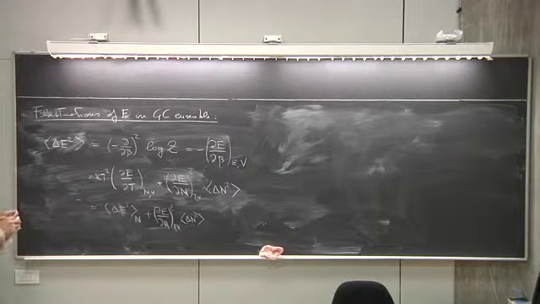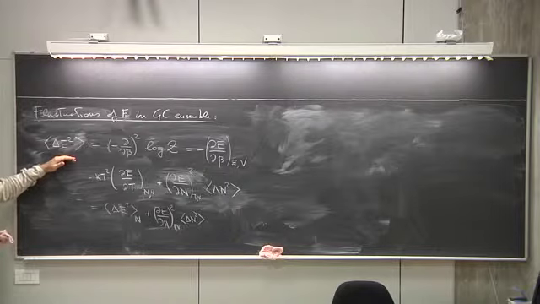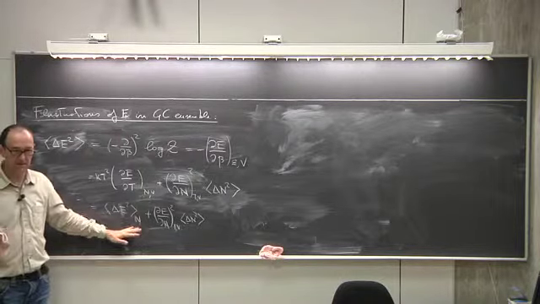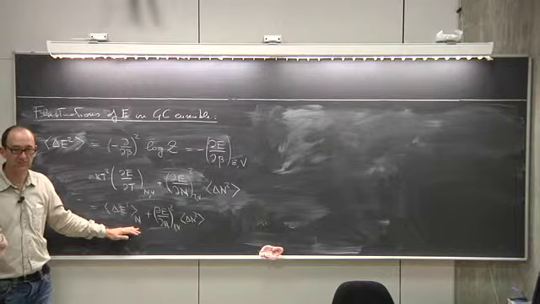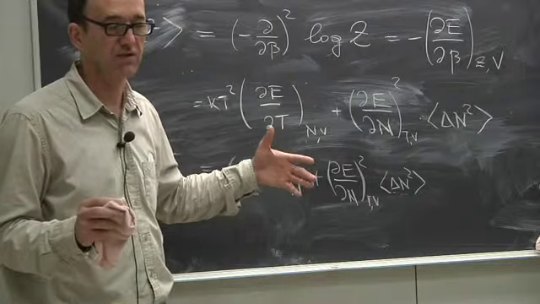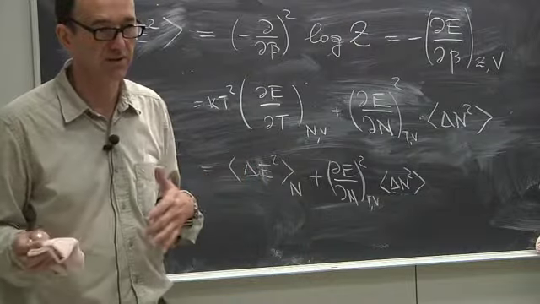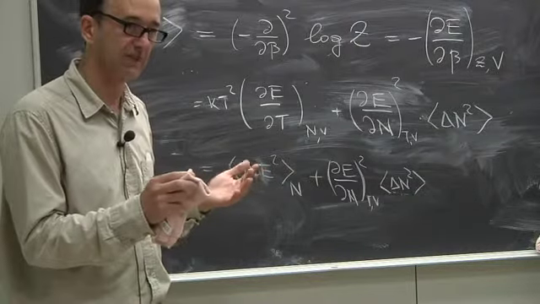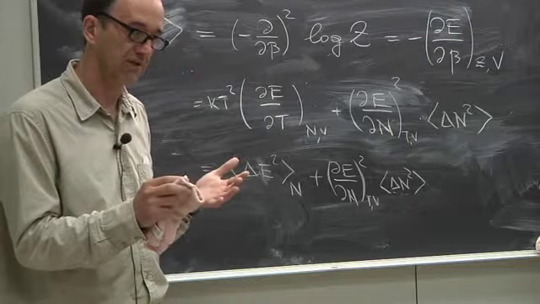If you want, you can consider this as the specific heat at constant chemical potential. Instead of fixing the number of particles, you fix the chemical potential, and it will be larger than the specific heat at fixed number of particles. This is the same reason why the specific heat at constant pressure is larger than the specific heat at constant volume.